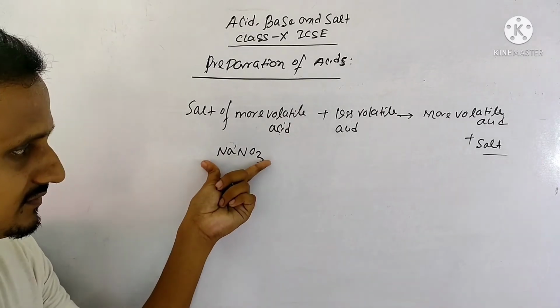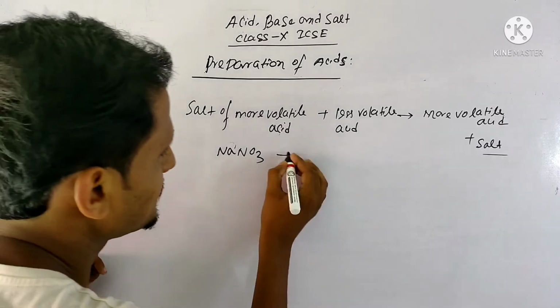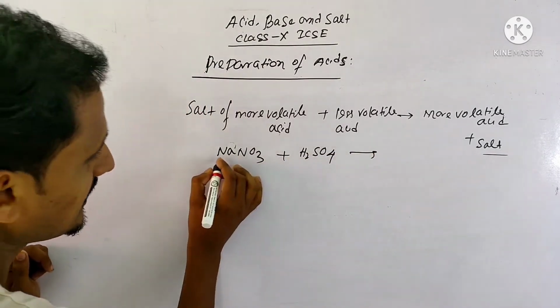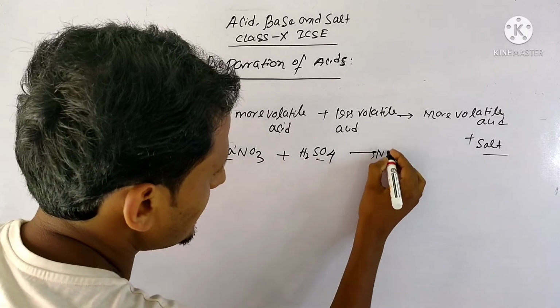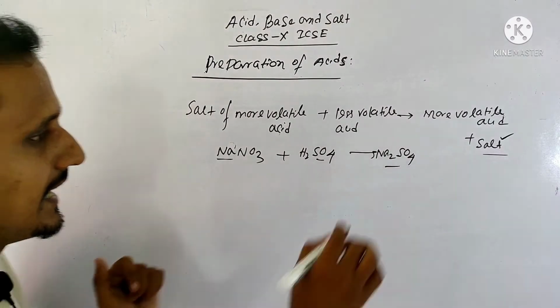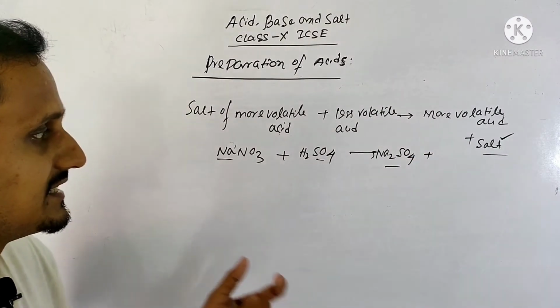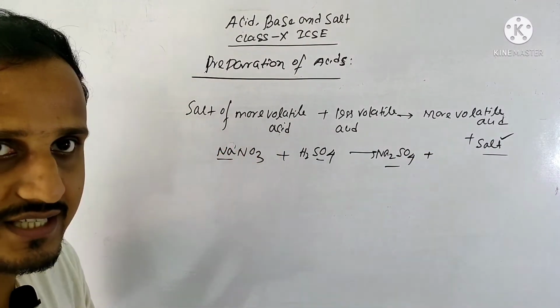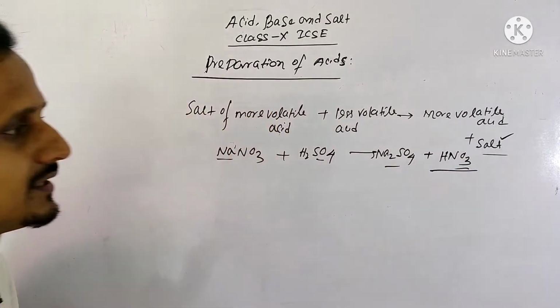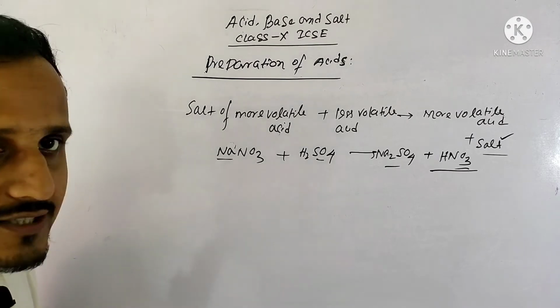So when sodium nitrate reacts with sulfuric acid, we will get the corresponding salt Na2SO4, and the more volatile acid, nitric acid, will form here. Okay, after that you can balance this one.